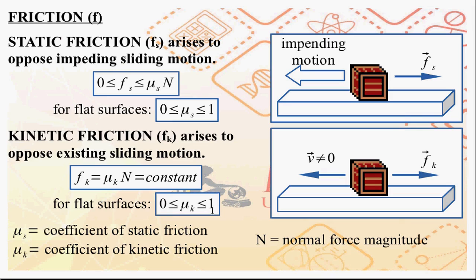Just like mu s, mu k is unitless, and it is never less than 0. You don't have a negative coefficient of kinetic friction. For jagged surfaces, mu k may be greater than 1.